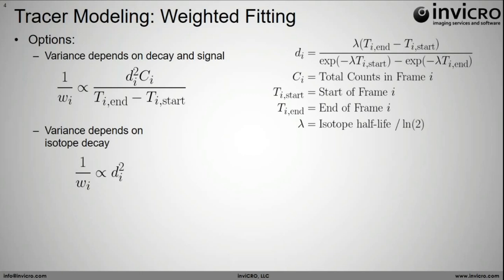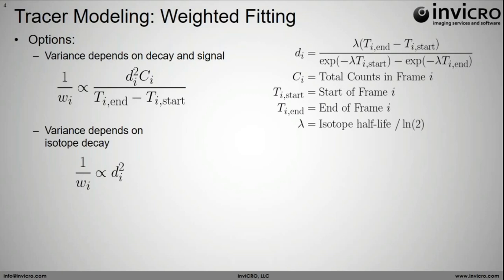The other is weighted fitting, so popular in the tool and can be seen in the literature. The benefit here is really that when you have noisy frames in your dynamic PET image that you're trying to model, you essentially want to downweight frames that have higher variance. You want to give more emphasis to those frames which contain the best SNR, if you will.